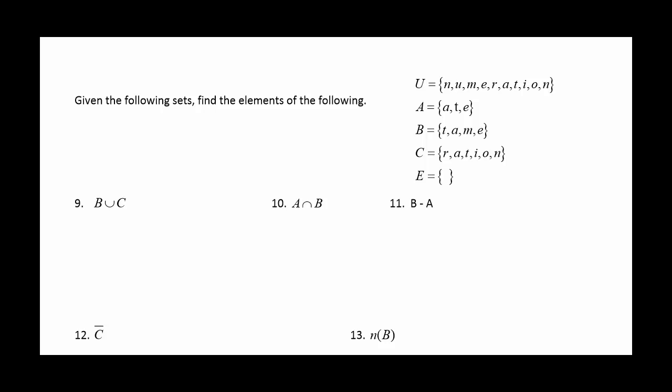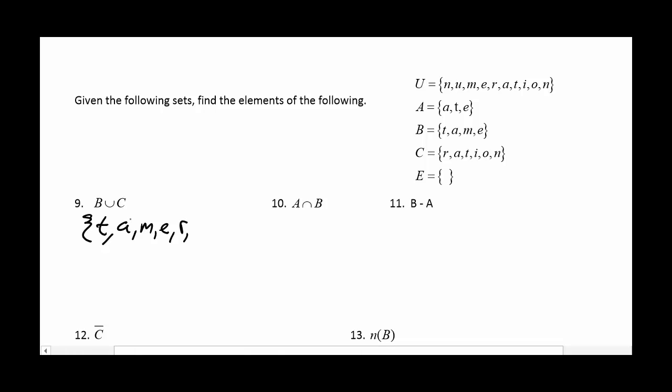The first task is to use the notation and identify the elements within each set. I want the union of B and C. So I want everything in B included with everything in C. There's a T in B, there's an A, an M, and an E. Then I need to add anything that's also in C. There's an R in there.